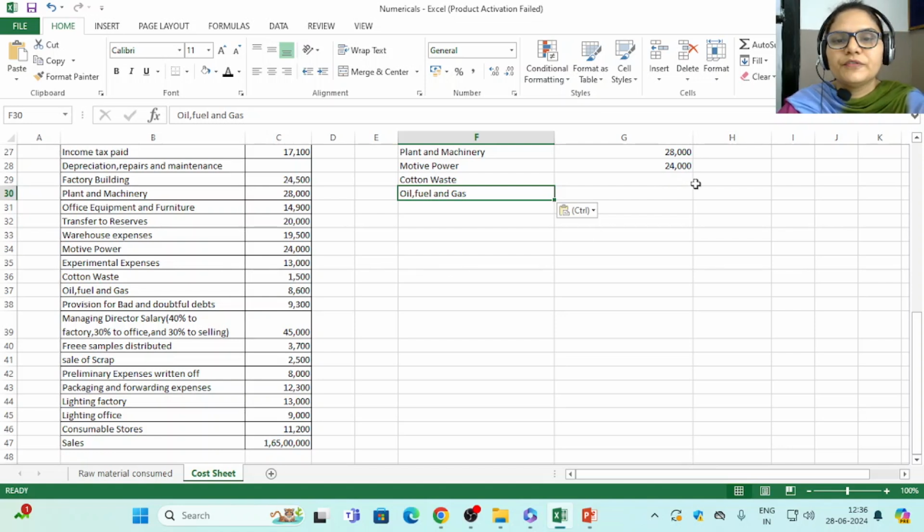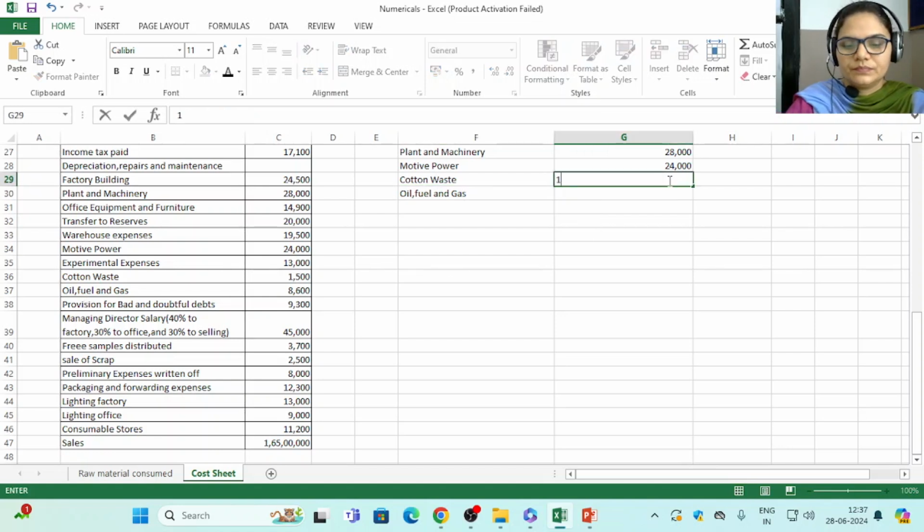Cotton waste 1,500 rupees. Oil, fuel and gas 8,600 rupees.